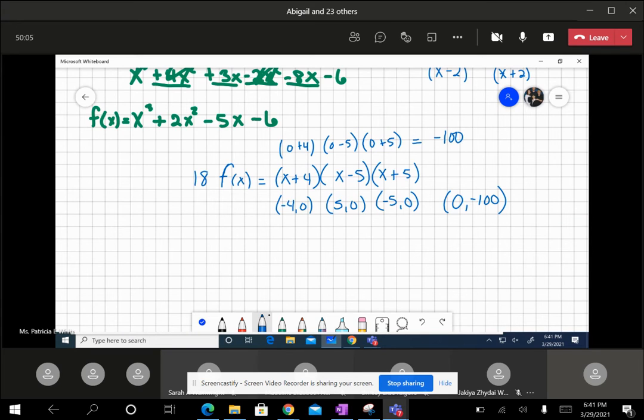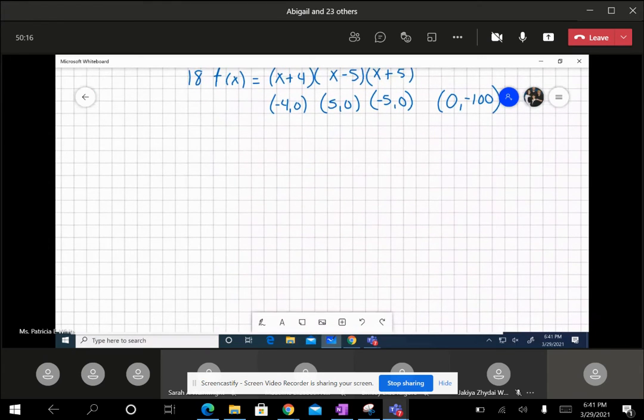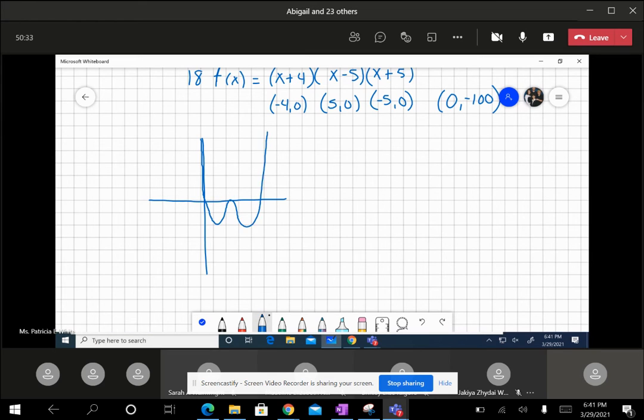Questions before I move on to problem 20? None, huh? Okay. If I'm looking at problem 20, and it's coming through here, I know this is 0, this is 1, and this is 2.